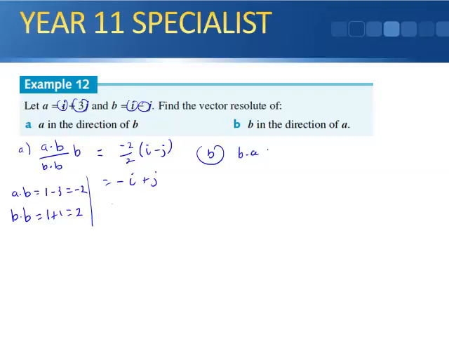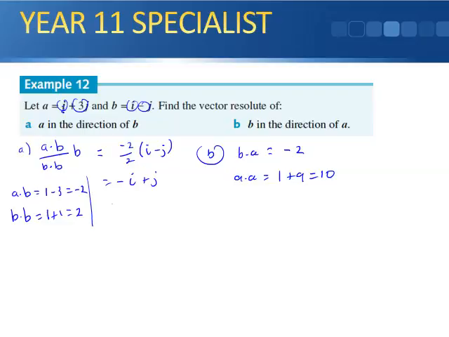Part B. We want B in the direction of A. So we want B dot A, and that's just the same as A dot B, so that's negative 2. And we want A times A, which is 1 times 1, which is 1, 3 times 3 is 9, so we've got 10.